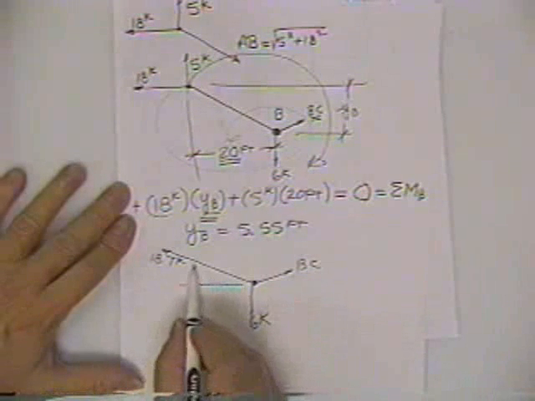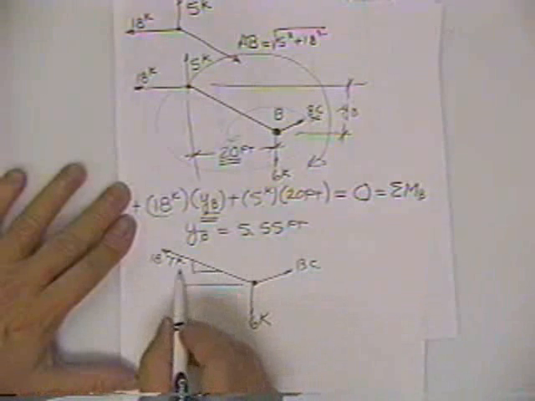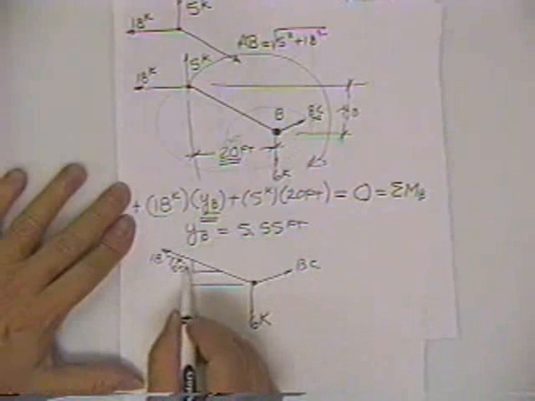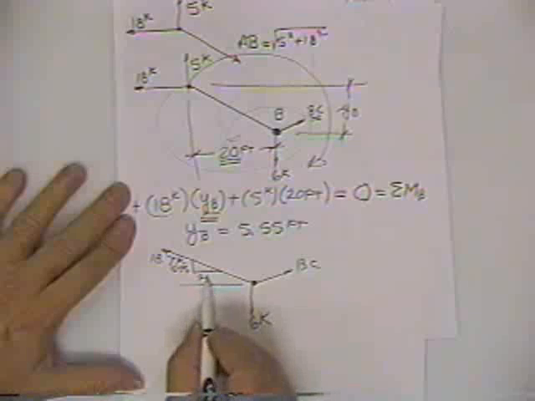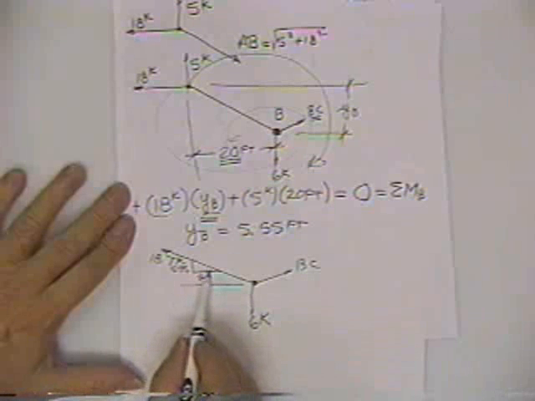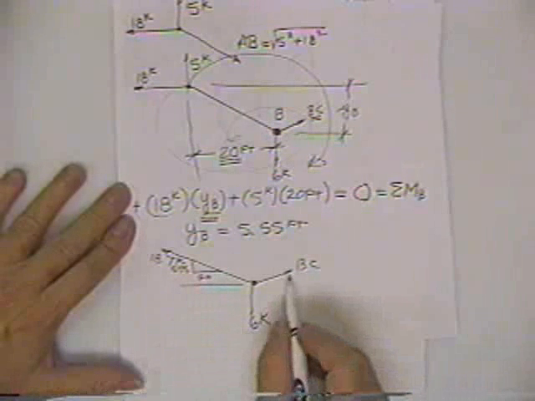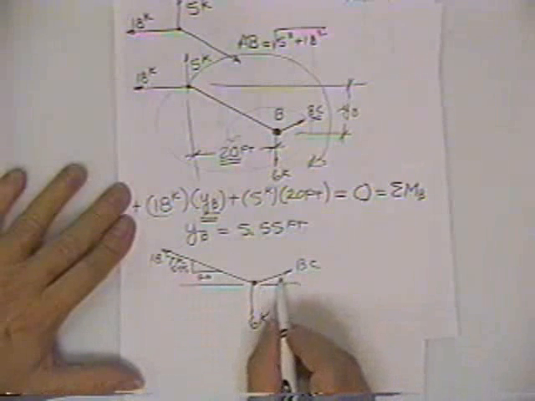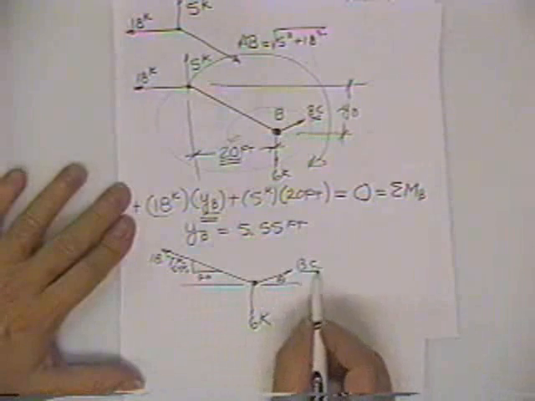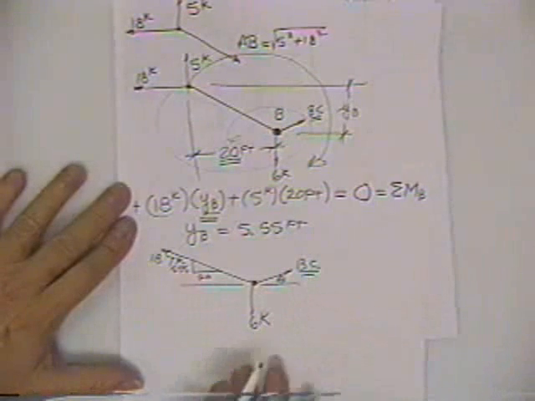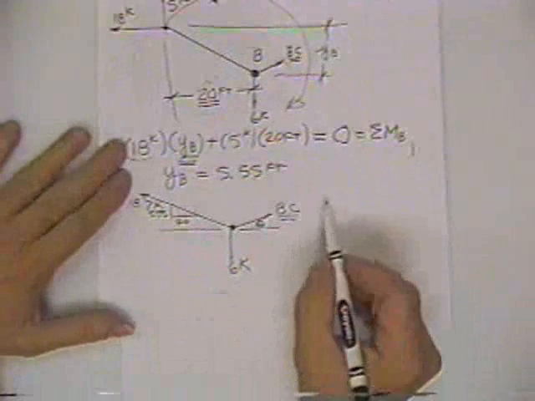We now know that this force is sitting at an angle, 5.55 by 20. Rather than calculating the angle, there's 5.55 drop and 20 horizontal. And here's BC. Now BC, you won't know the angle and you won't know the force, but that's 2 unknowns, and so you can solve for them.